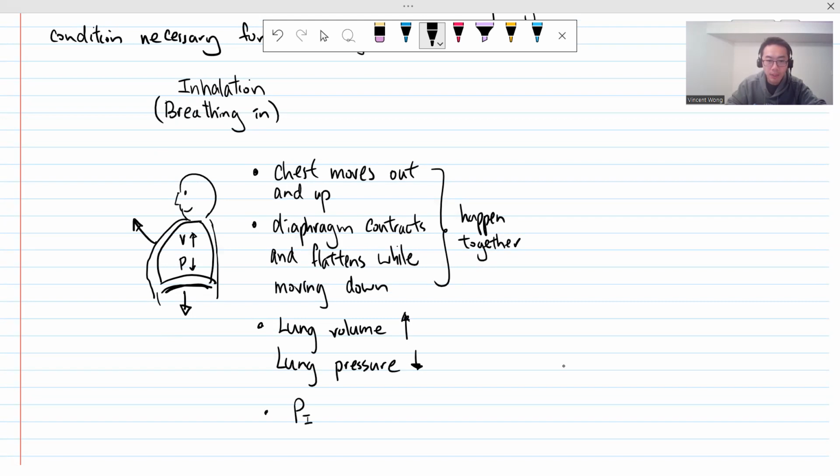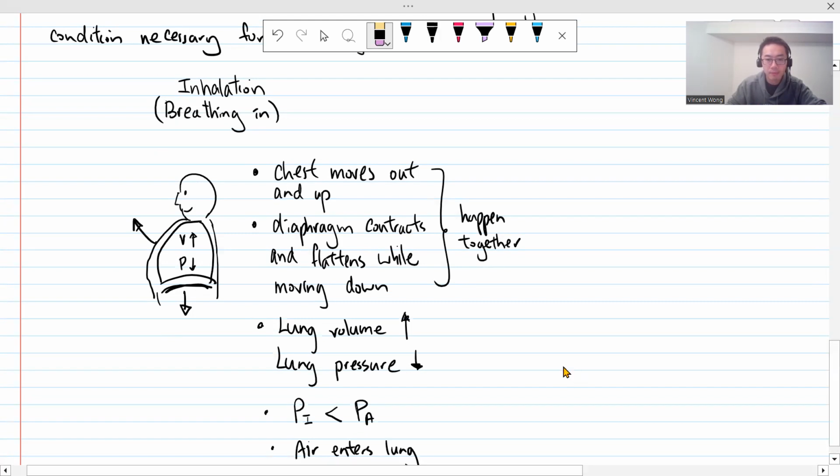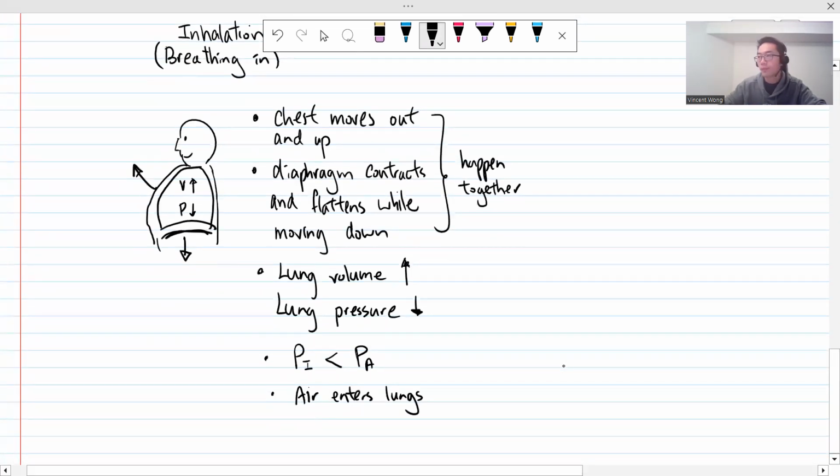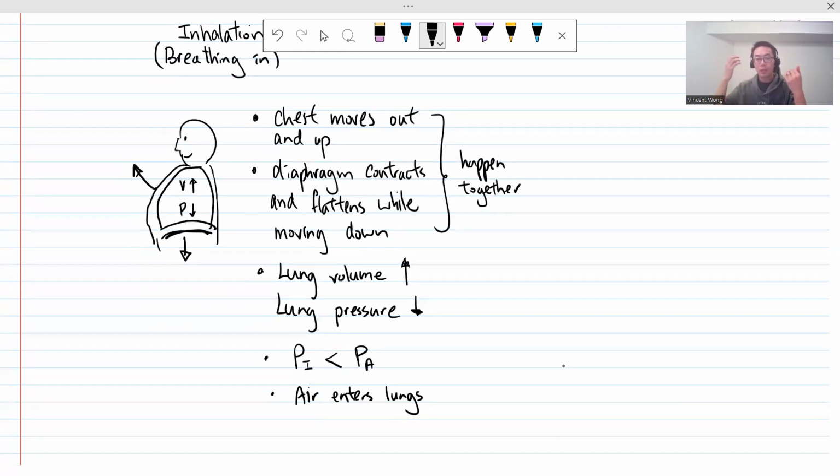When PI, when the pressure inside the lung, is lower than the atmospheric pressure, air enters the lung. So the chest and the diaphragm have to move in order to lower the pressure. And then you will be able to breathe.